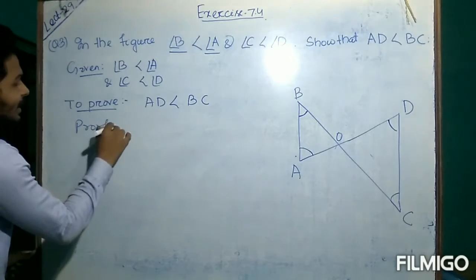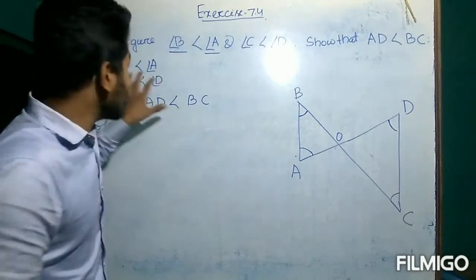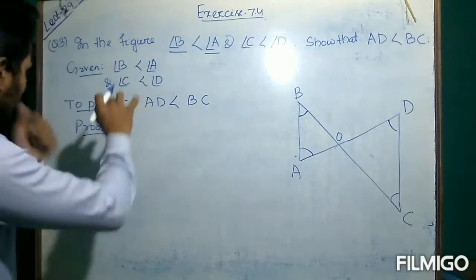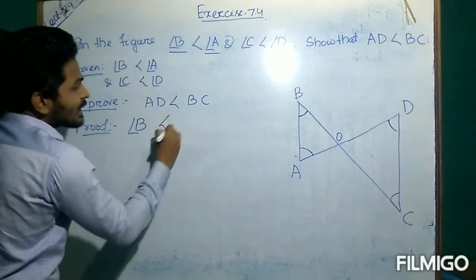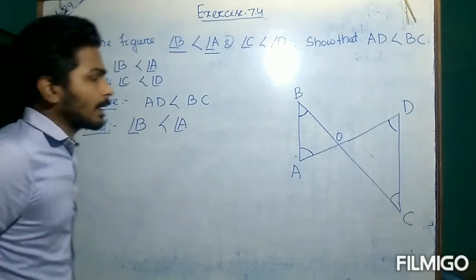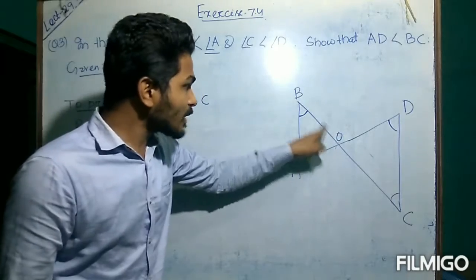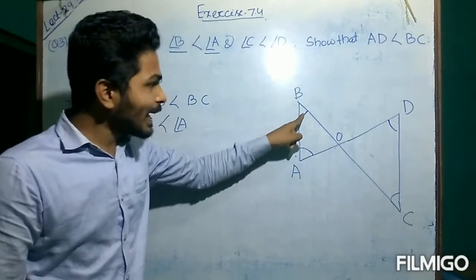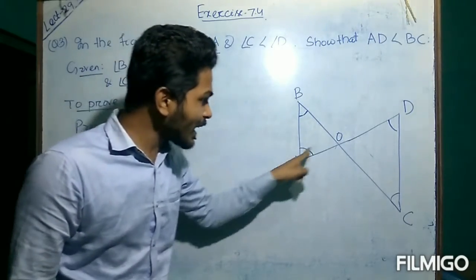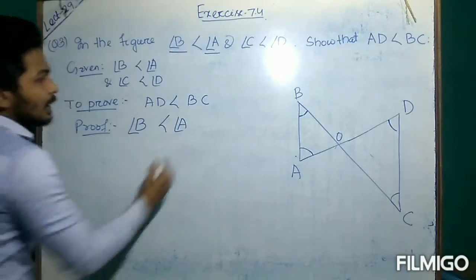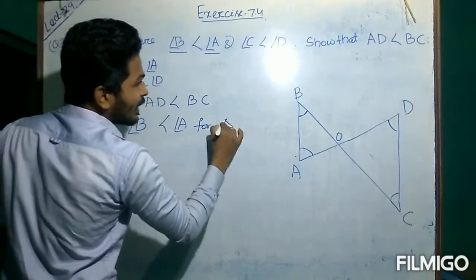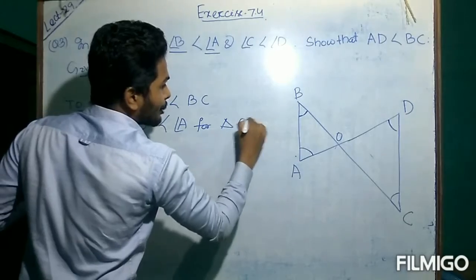We will prove it from the statement that is given. Since the first statement says angle B is less than angle A, it is talking about the triangle OBA. Angle B is a part of this triangle, and angle A is also a part of this triangle. This is true for triangle OBA.